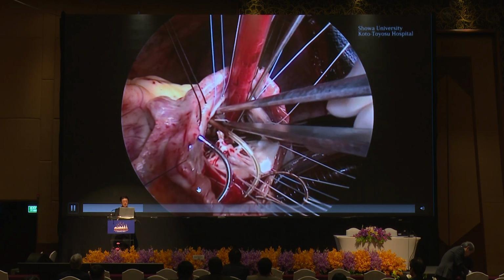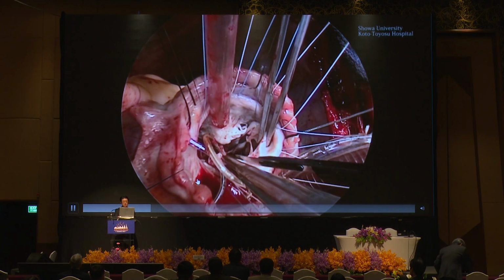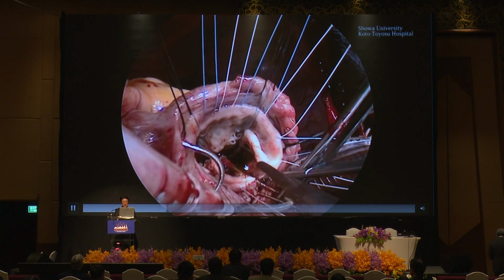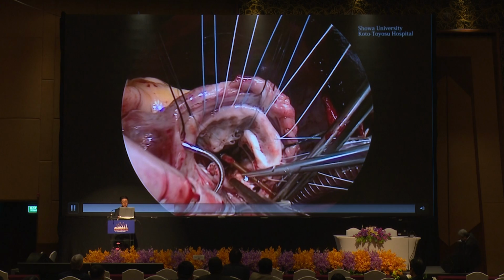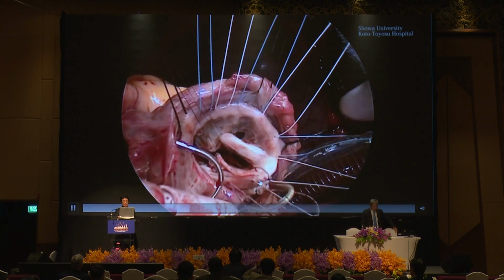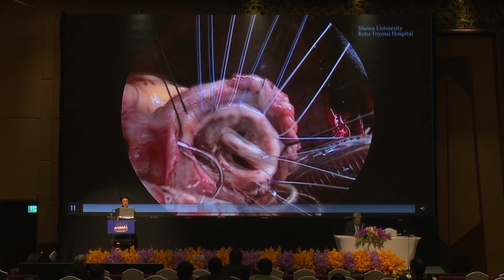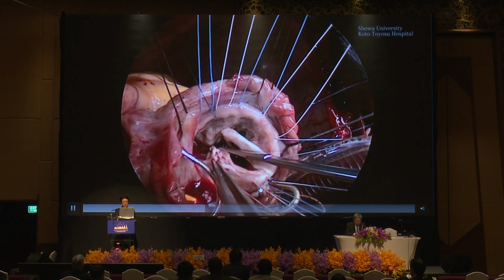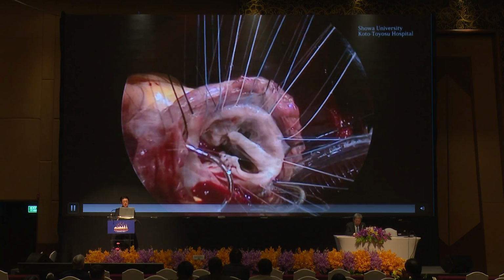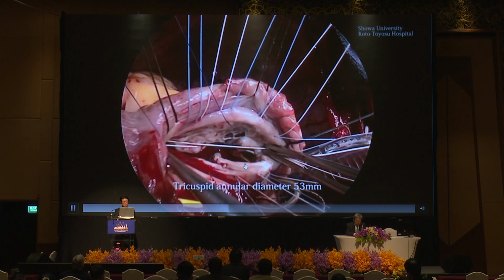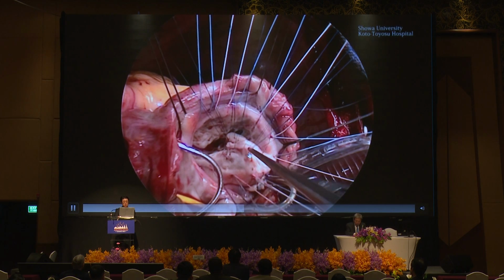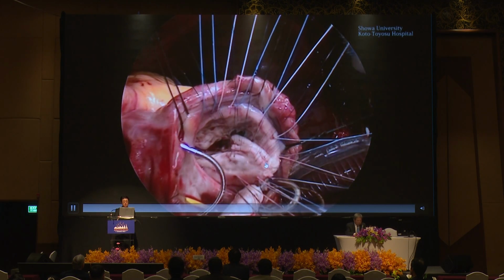In this patient, the pacemaker lead was detached from the leaflet and the subannular apparatus, then we cut the commissure between the posterior leaflet and the septal leaflet into the tricuspid annulus, and embedded the pacemaker lead behind the tricuspid annulus. Of course, the septal leaflet was damaged, so we needed an additional procedure for the leaflet. And normally, we close the commissure between the septal leaflet and the posterior leaflet.